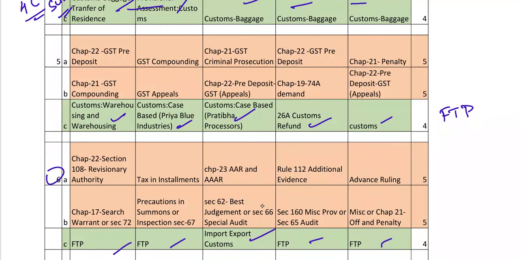See, the 5th and 6th questions are going to be from your module 3, right? Module 3. That is your appeals and revision chapter, your offenses and penalty, your search and seizure, those kinds of chapters. Okay, and your miscellaneous chapter, advance ruling.